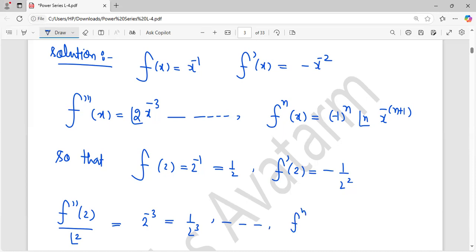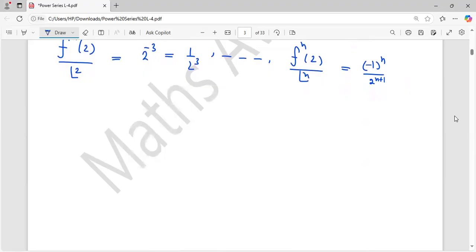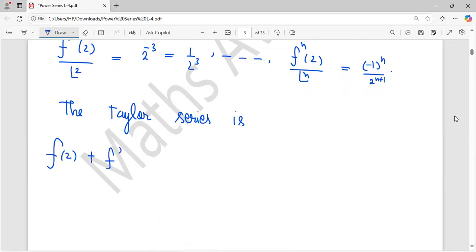The nth derivative of f at 2 upon factorial n is given. The Taylor series is f(2) plus f dash 2 times (x minus 2) plus f double dash 2 upon factorial 2 times (x minus 2) squared.